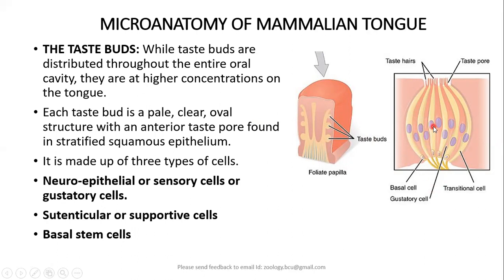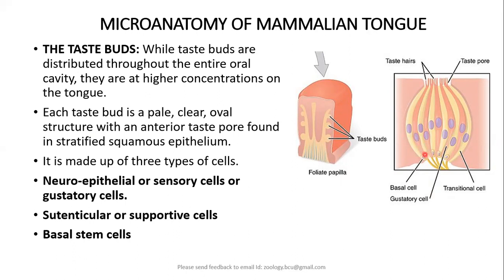Each taste bud appears as a pale structure. Comparatively, it takes less stain. That's why it appears pale, a very clear, oval shaped structure with the anterior taste pore in the stratified squamous epithelium.